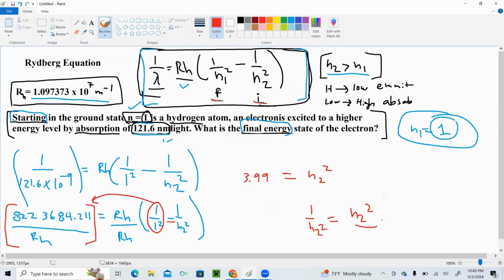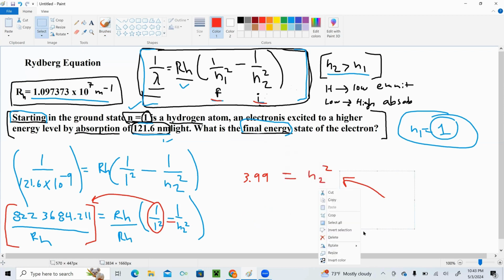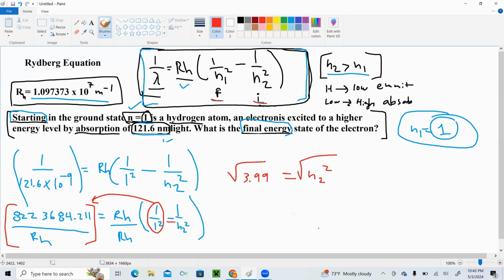That's why this is like that on this side of the equation. And now this is the most easy part. What you gotta do here, take the square root. This is close to 4, so just right off the bat, you can know that this is just 2. So this is your final answer.